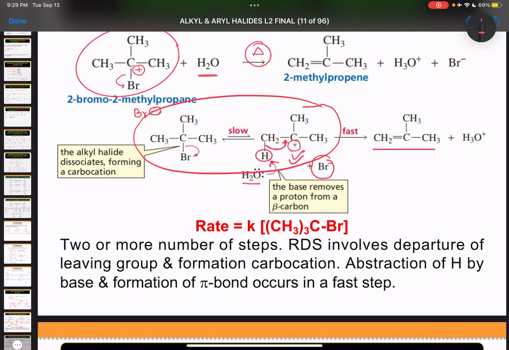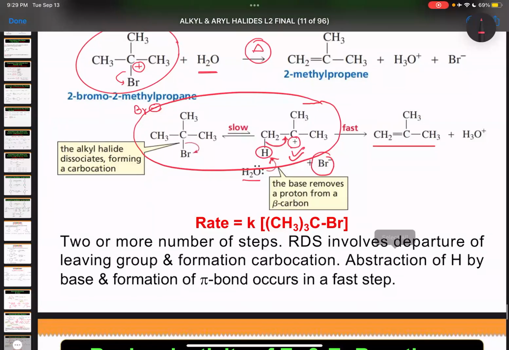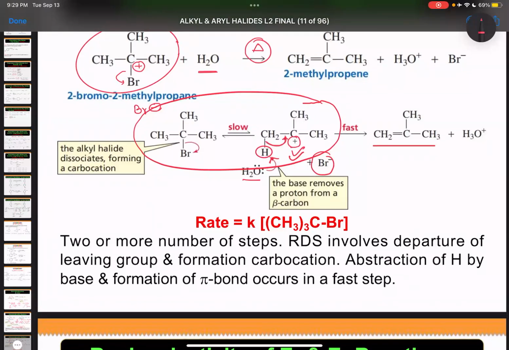If that is stable, then E1 can happen very quickly. Is it clear? The nucleophile is coming in the second step. That is the fast step, and that will not change the rate of the overall reaction. Abstraction of the H and formation of the pi bond occur in the fast step.